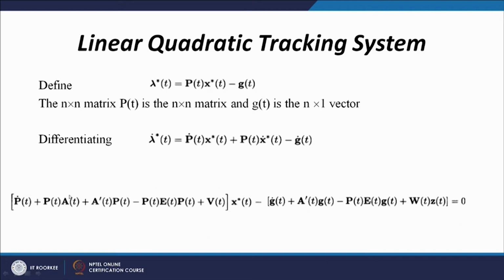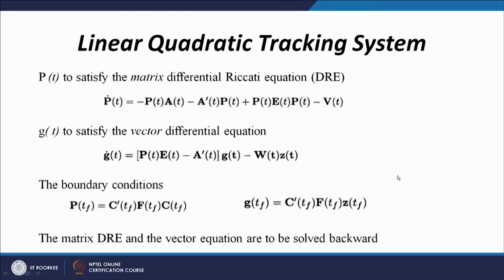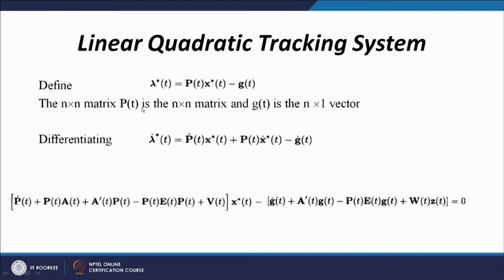If x t is arbitrary, the coefficient of x t will be individually 0 and the other term must also be equal to 0. So, this means p dot t equals minus p t a t minus a prime t p t plus p t e t p t minus v t. This equation is satisfied as the coefficient of x t equal to 0.